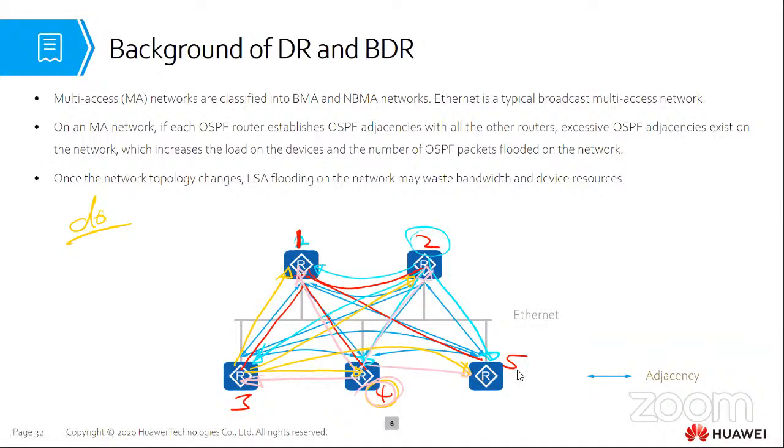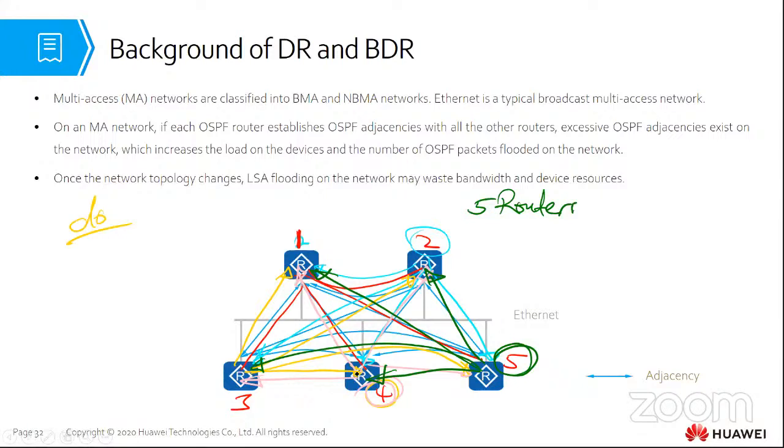In the same way, router 5 needs to exchange link state request, link state update, link state acknowledgement with 2, with 3, and with 4. Are you getting the problem?